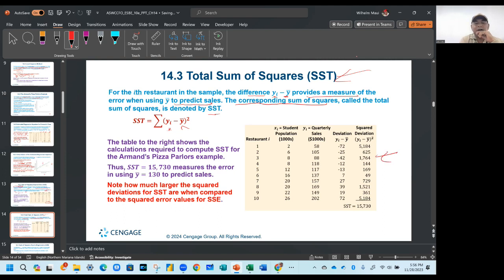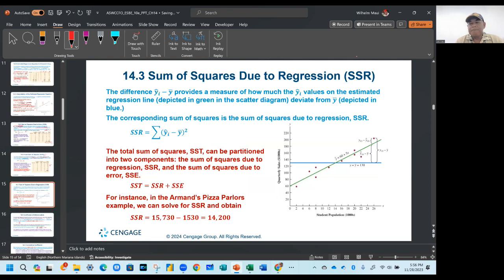Okay, and then the value here, right? And now note how much larger the squared deviations of the SST are when compared to the squared errors of the SSE. And this diagram helps us to see what the differences are.